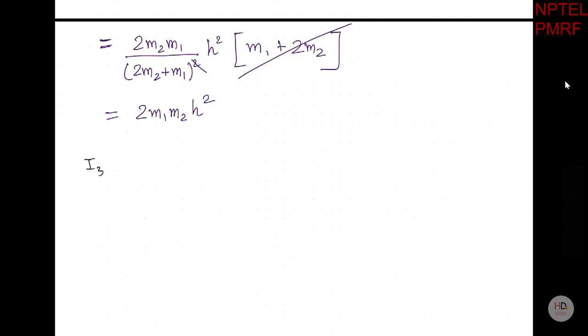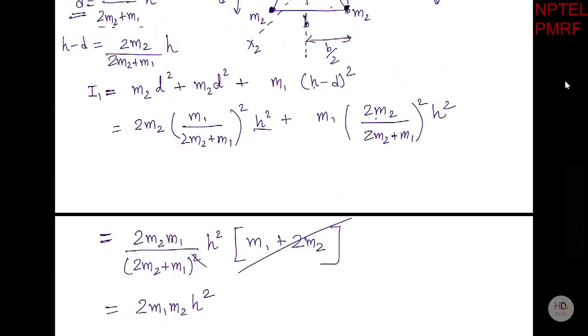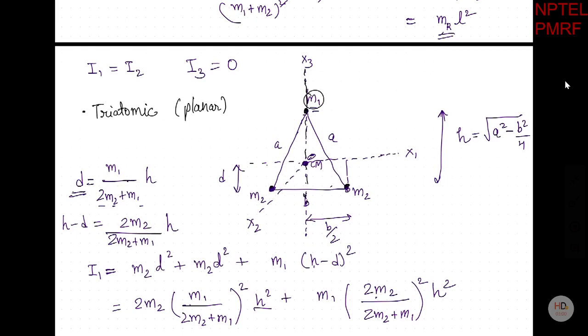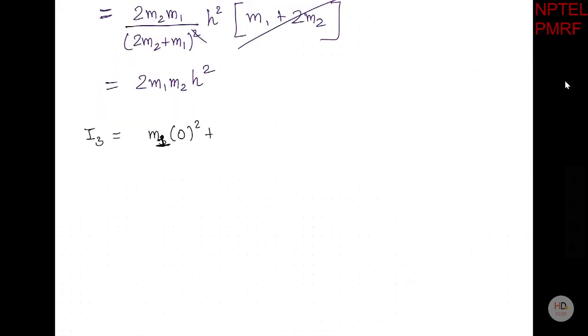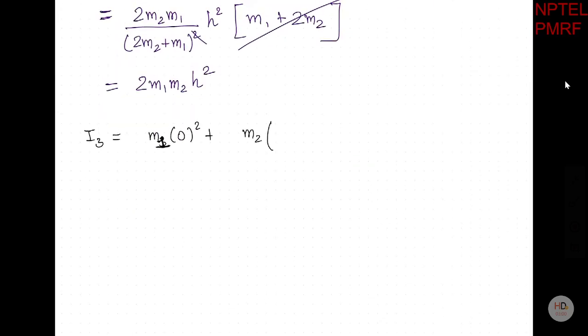So I3 becomes, for m1, this m1 is 0 distance away, and m2 is b by 2 distance away, and the second m2 is also b by 2 distance away from the I3 axis. So it becomes m2 b square by 2. Okay, that is your I3.